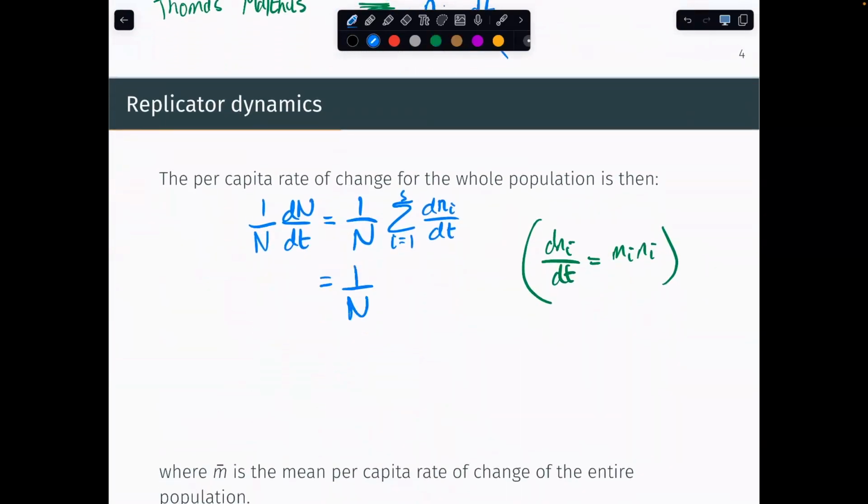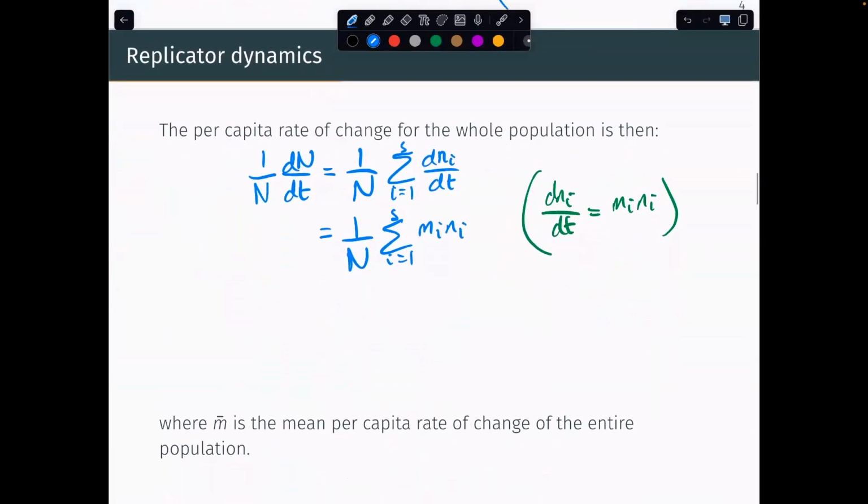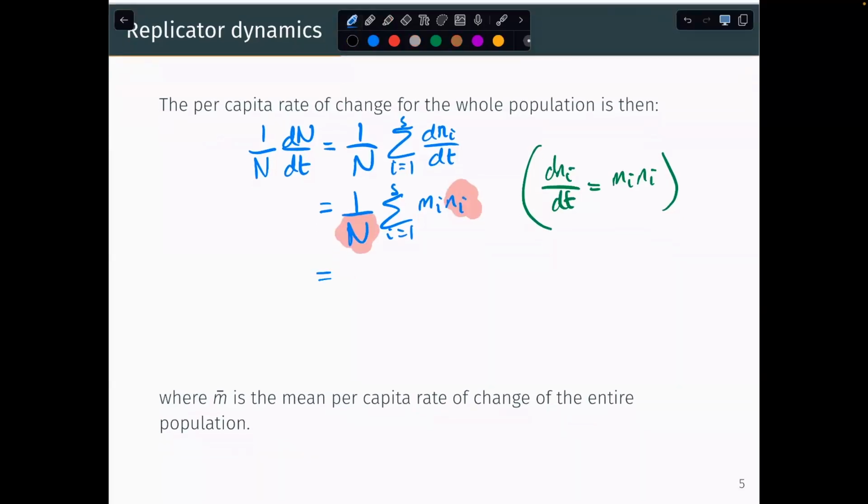We'll have 1 over N times the sum from 1 to S of M_i N_i. And if you note this N_i over N, we just bring the N inside the sum. This is just going to give us the sum from i equals 1 to S of M_i times p_i. p_i is the frequency of phenotype i.